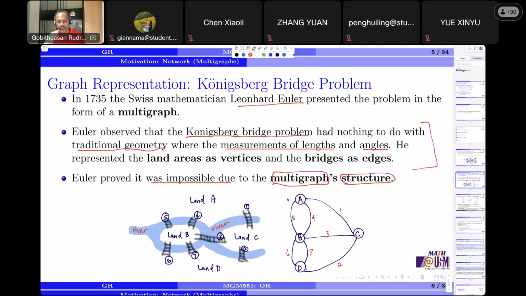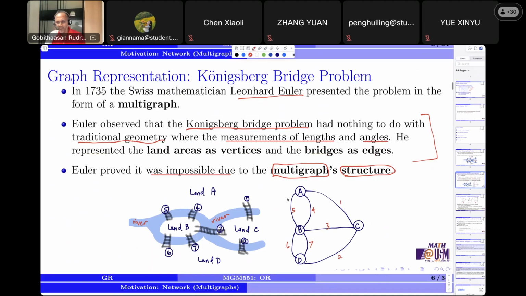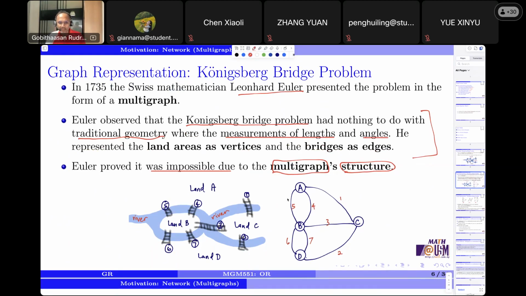So let's see roughly what a multigraph is and how he represented the Königsberg 7 bridge problem in the form of a multigraph. Each land area is represented as a vertex, just a point or a dot.